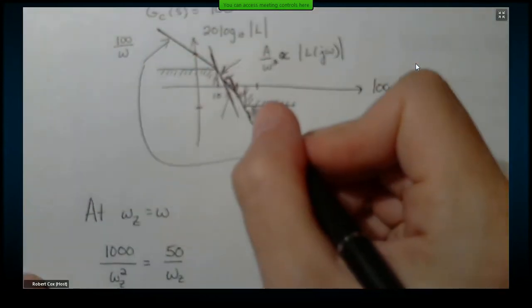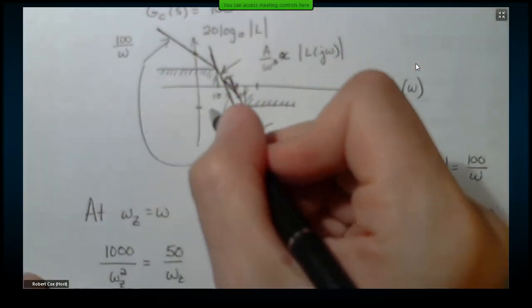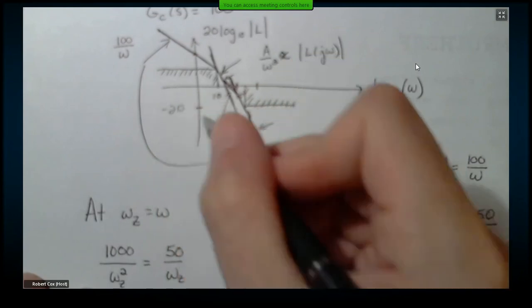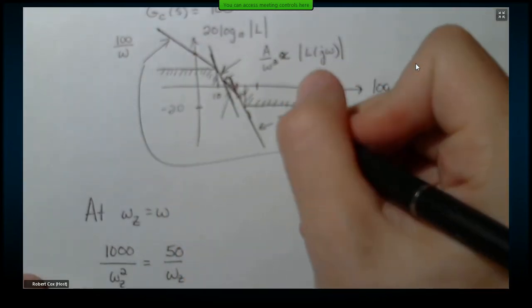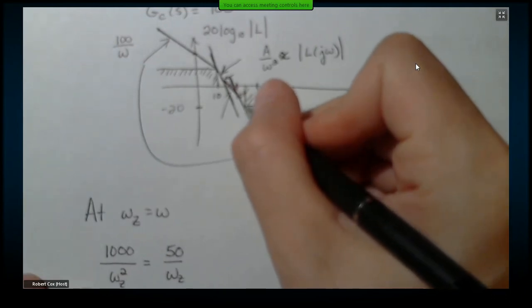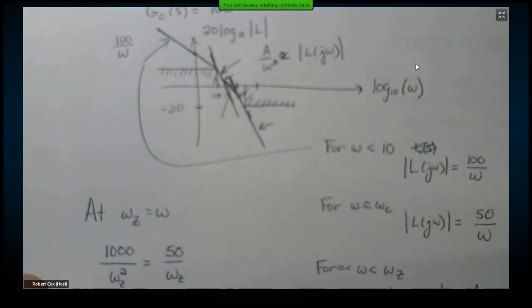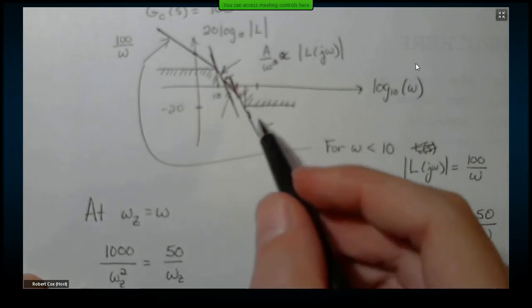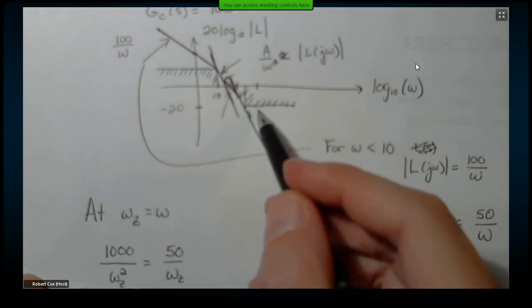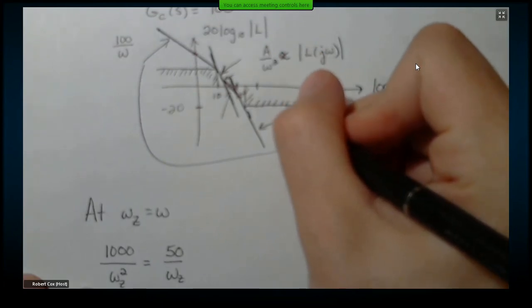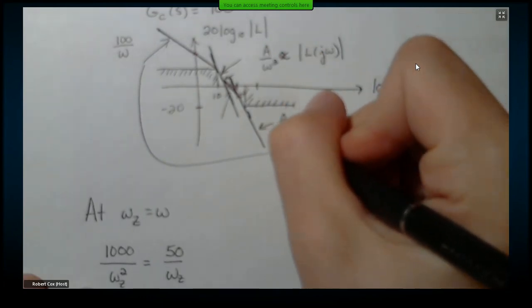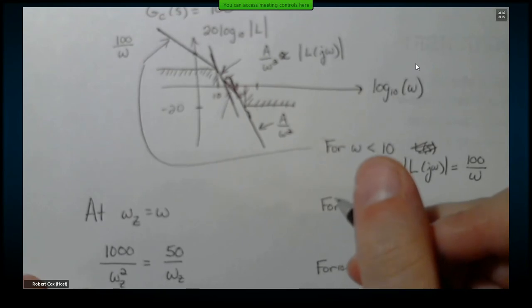because I know that at this point, my magnitude has to be less than 0.1, okay? Has to be less than 0.1, and that's 250 radians per second. I can say that here, this guy is going to be A over omega squared, again.